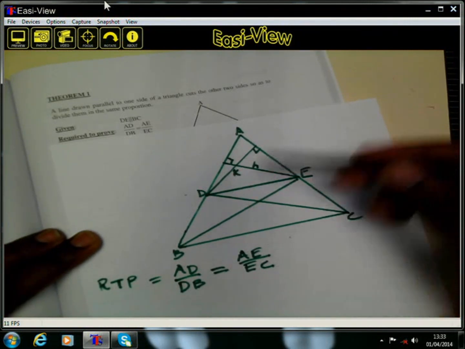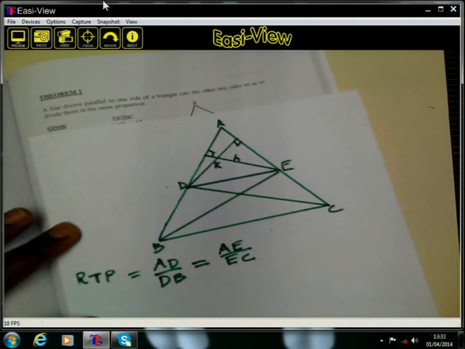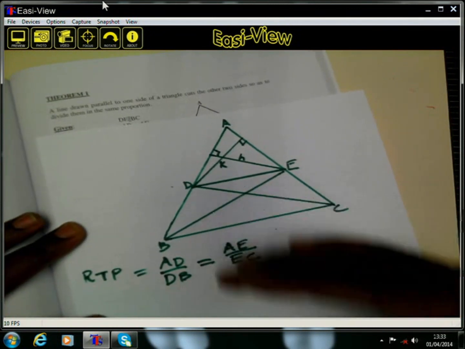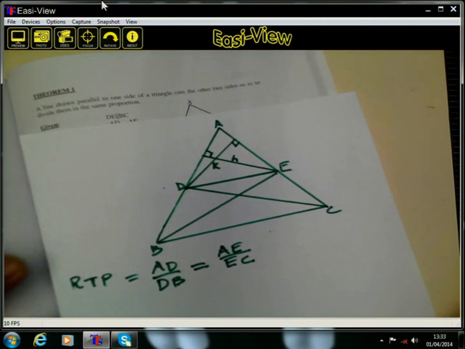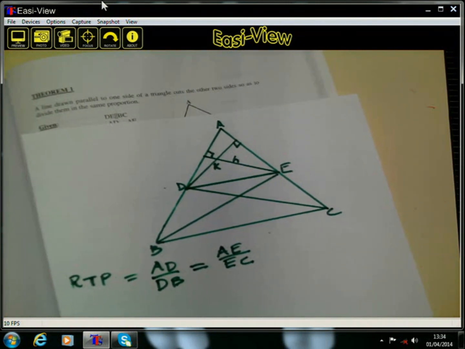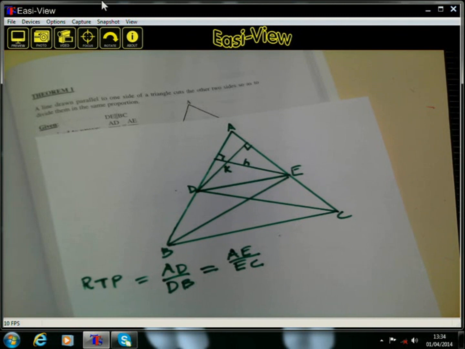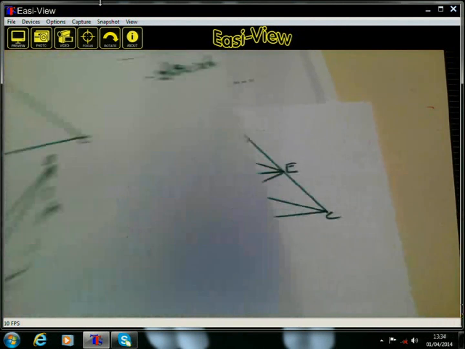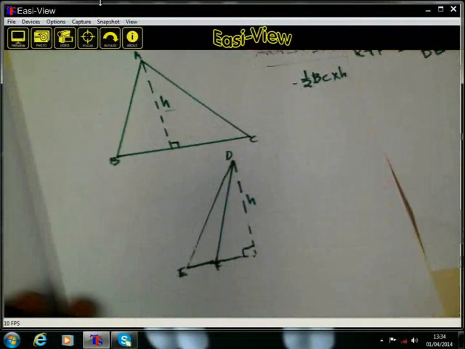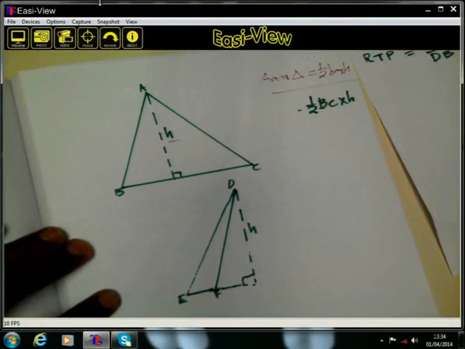With all the constructions that we have created together, we can run with our proof. Remember, because the story is about the areas, let me also bring back these two triangles, triangle ABC and triangle DEF.